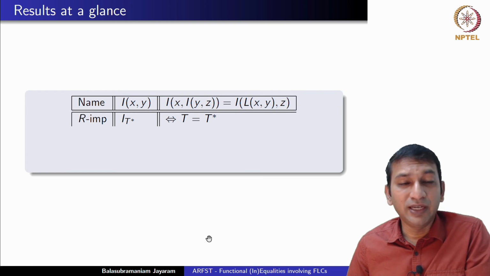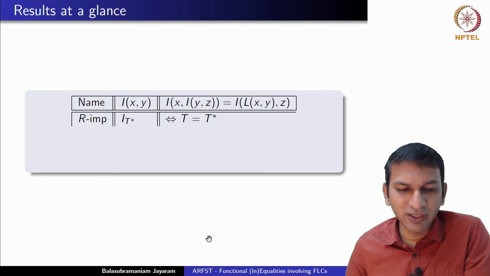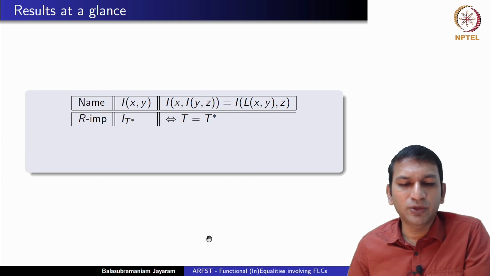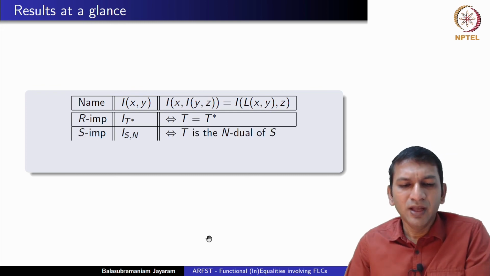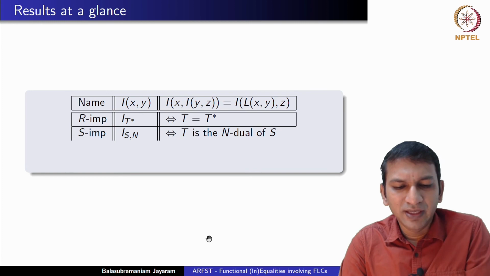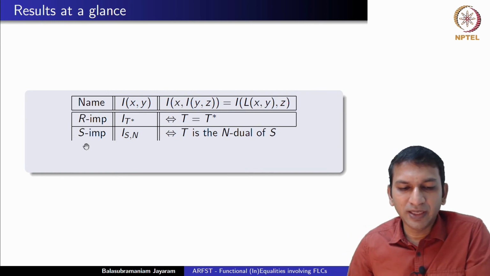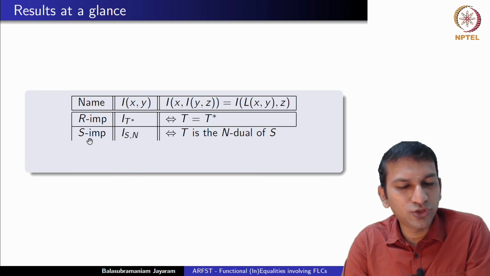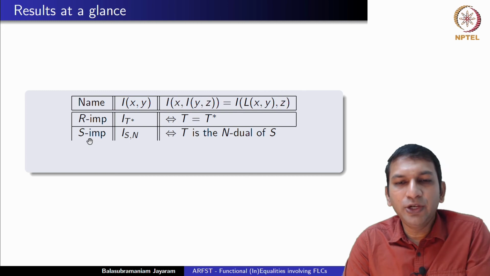So it does satisfy law of importation, and T is equal to T star is the only solution that we would get. Of course, here we are talking about R implications from the residual lattice structure, means the T is left continuous. Now let's look at SN implication. Here it can be shown that, note that this is an S implication, that means the N that we are considering is strong, that the T that we consider should be the N dual of S.